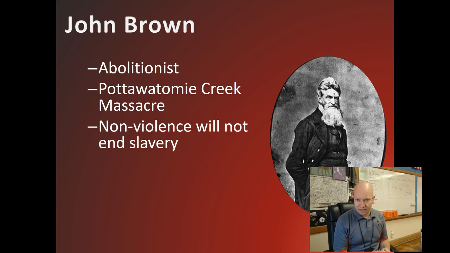A few dozen people died in the sack of Lawrence, and this is where John Brown starts to get his infamy. Right, he's an abolitionist. We know that. And he's very famous for the Pottawatomie Creek Massacre, where he and his sons attacked some pro-slavery people who were involved in the sack of Lawrence, and he chops them. It was a massacre. It really, literally was.